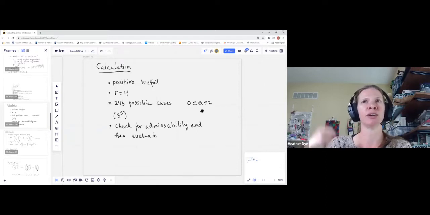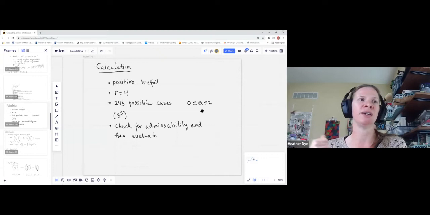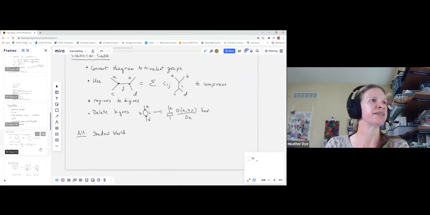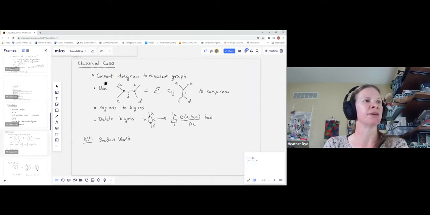As you're doing the transformation into a trivalent graph that we can actually compute with, you pick up some other variables. So for the classical case, our procedure is as follows. We convert our diagram to a trivalent graph.